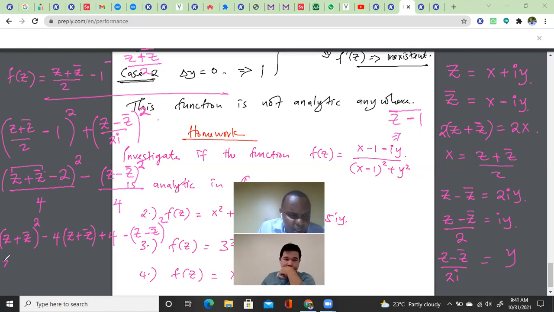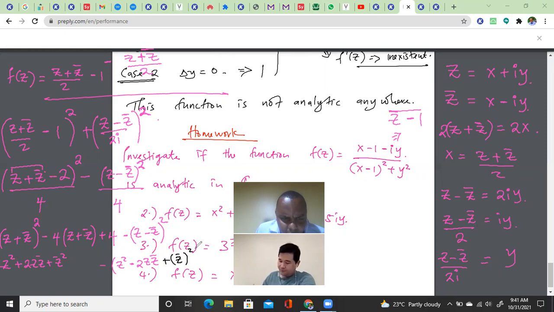This is going to be z squared plus 2z z bar plus z bar squared. And then the other one is going to be minus z squared, minus 2, plus z bar, minus 2z z bar plus z bar squared.